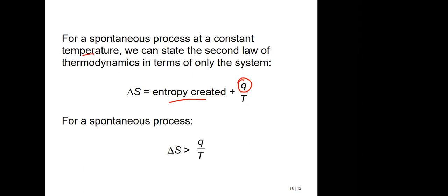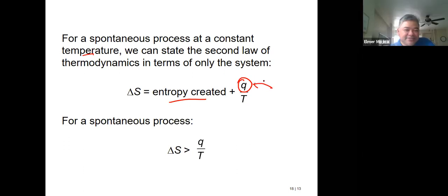What is Q? That is the heat. We have discussed this earlier. Q is heat. Okay? And they said for a spontaneous process, usually the delta S is higher than Q over T.